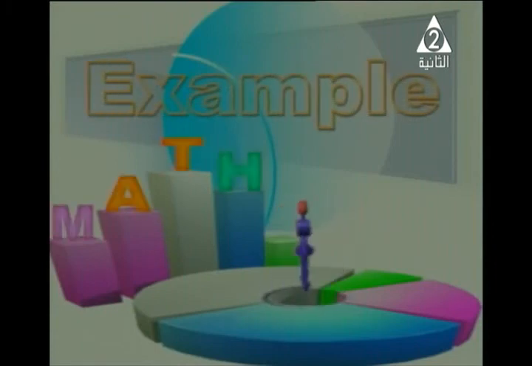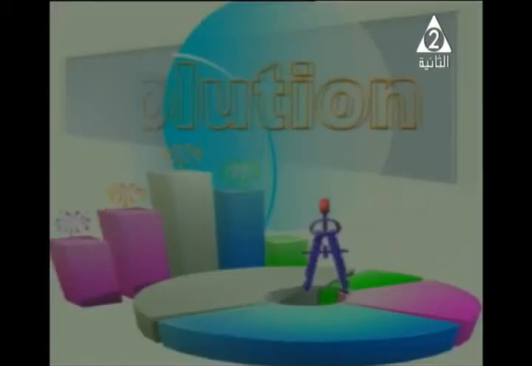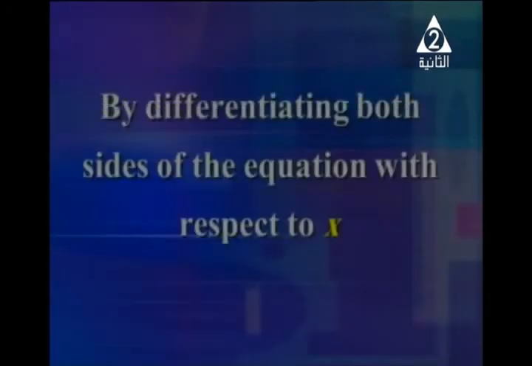Dear student, look at another example. Find dy over dx if tan 2x plus cot y equals xy with respect to x. Look at the solution. Take the derivative of both sides of the equation with respect to x.